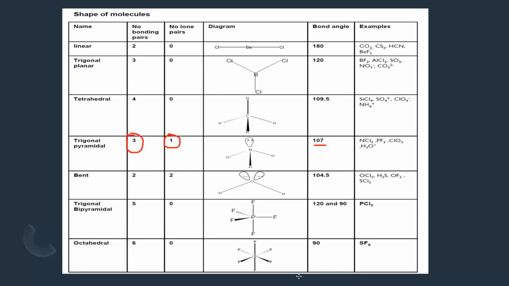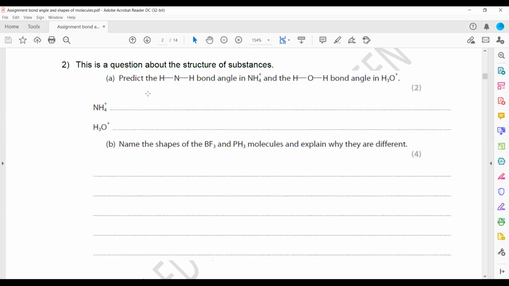So what will be the bond angle? The initial one was tetrahedral, so 109.5, and here it is 107 degrees. It's of 2 marks. In a short time you can do this, but because this is the first time you're doing the assignment related to this part, that's why I explained the structure.